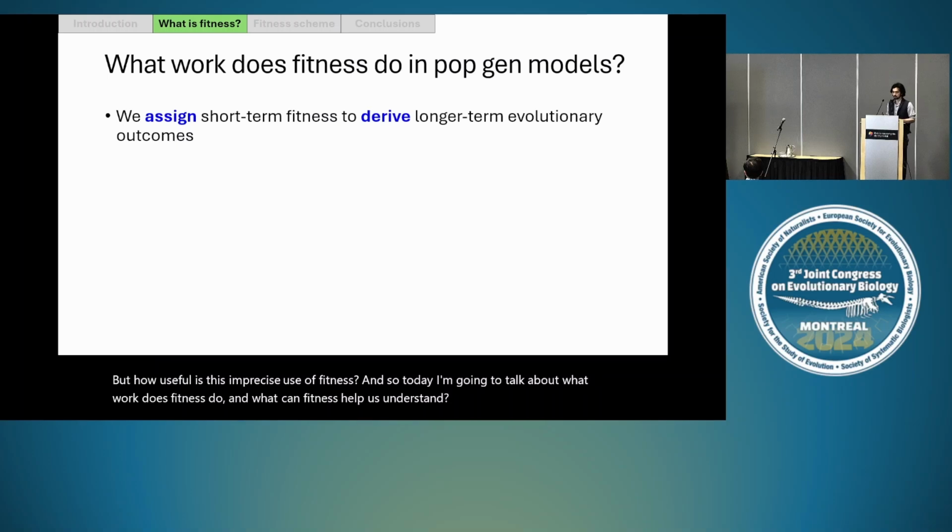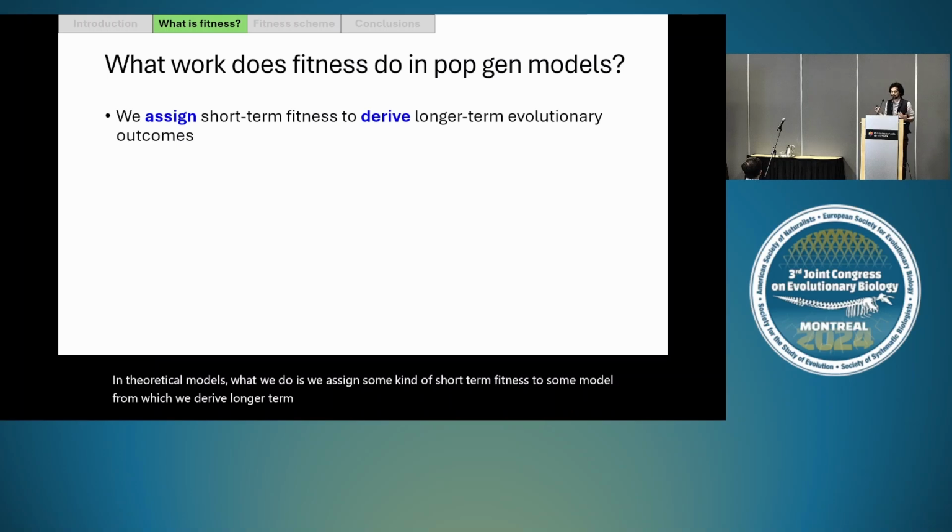So what work does fitness do in population genetics models? I'm not talking so much about inferences, the sort of what-if questions that many of us ask, but its most basic use in theoretical models. What we do is we assign some kind of short-term fitness to some model from which we derive longer-term outcomes.